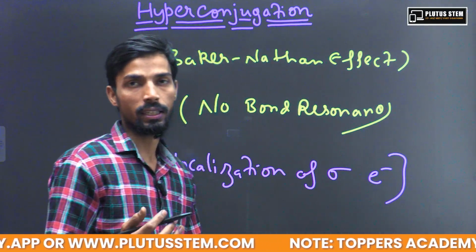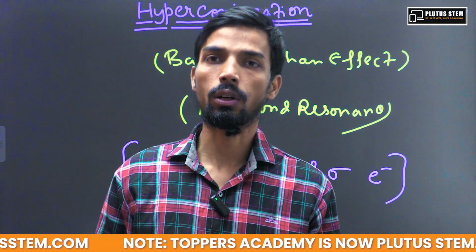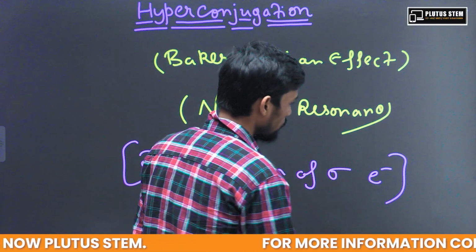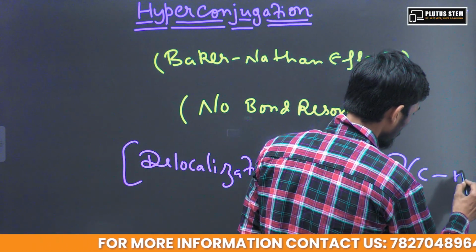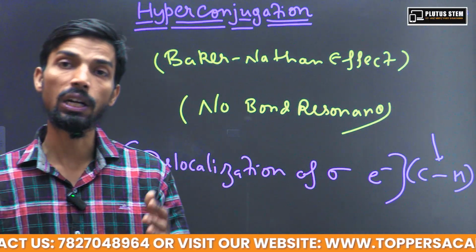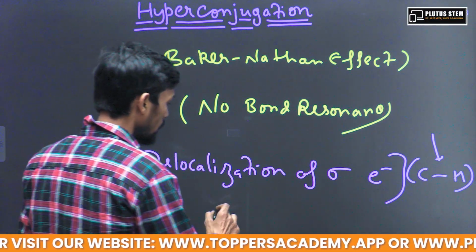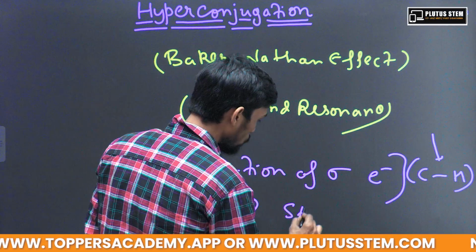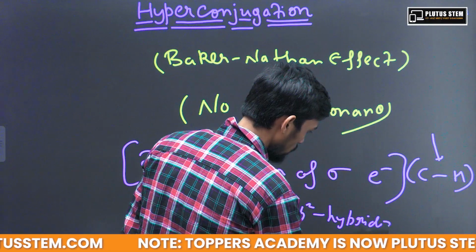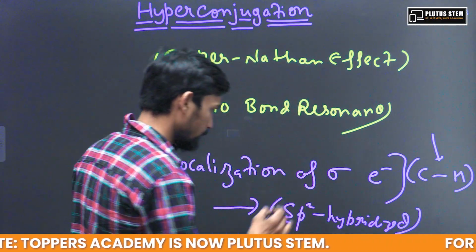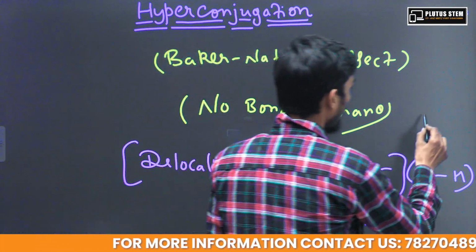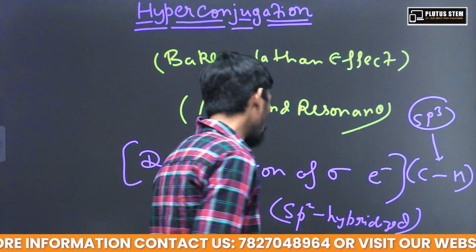This delocalization will generally be of the C-H bond. Generally, the C-H sigma bond is going to be delocalized with the help of its neighboring sp2 hybridized carbon. That is, the delocalization of the C-H sigma bond, which is sp3 hybridized, with an sp2 hybridized carbon.